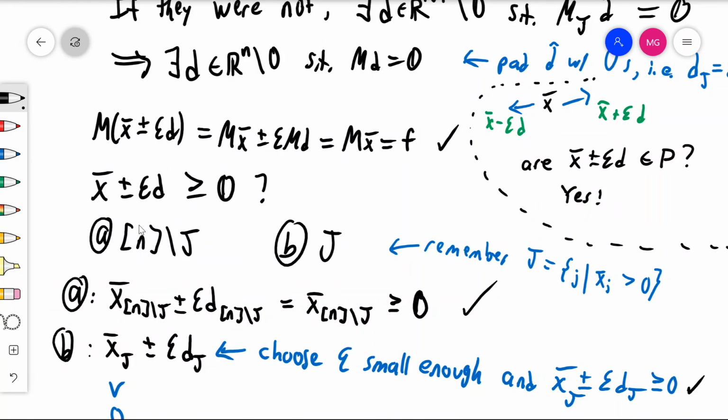Well, break it up into the not j components and the j components. Remember, j is the set of indices for which the components of x bar are strictly positive, so we're going to use that definition.